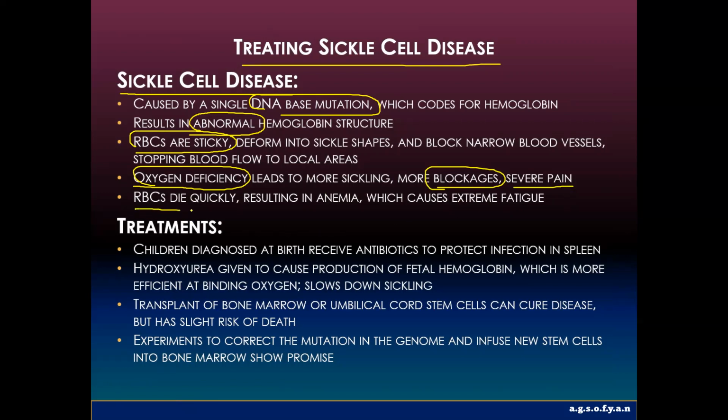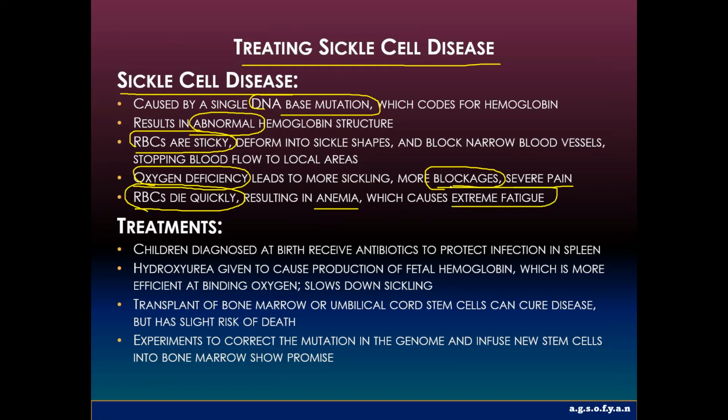Red blood cells also die quickly. Normally they last 120 days. For someone that has sickle cell anemia, the red blood cell lifespan may be less than 100 days. It can result in anemia, which causes extreme fatigue.